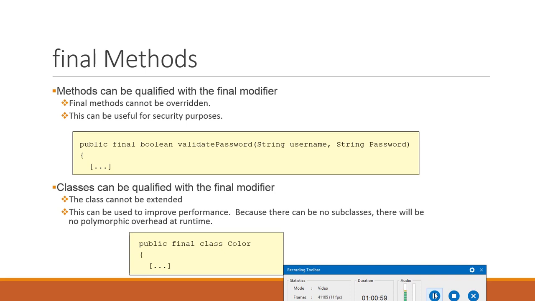If we declare a class as final, that class cannot be subclassed, which means the class cannot be inherited. So there are three usages of the final keyword. It can be used with a variable, a method, and a class. With the method, it cannot be overridden. With the variable, the value cannot be changed. With the class, it cannot be extended.